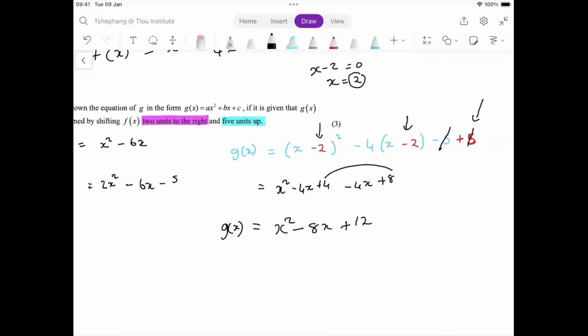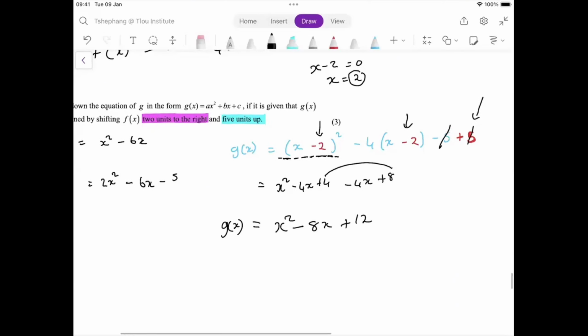And then this simply means 2 brackets. Don't bring the 2 in. It's very important that you don't bring the 2 in. 2 brackets. Expand everything. Multiply that in. So negative 4 multiplied by x will give you negative 4x.